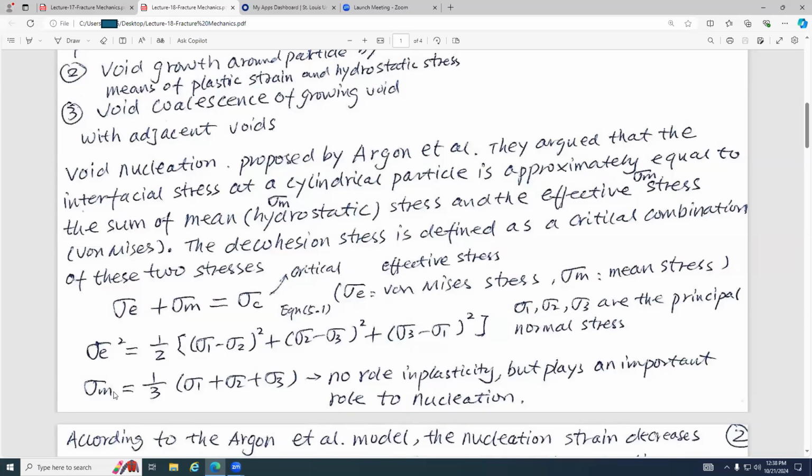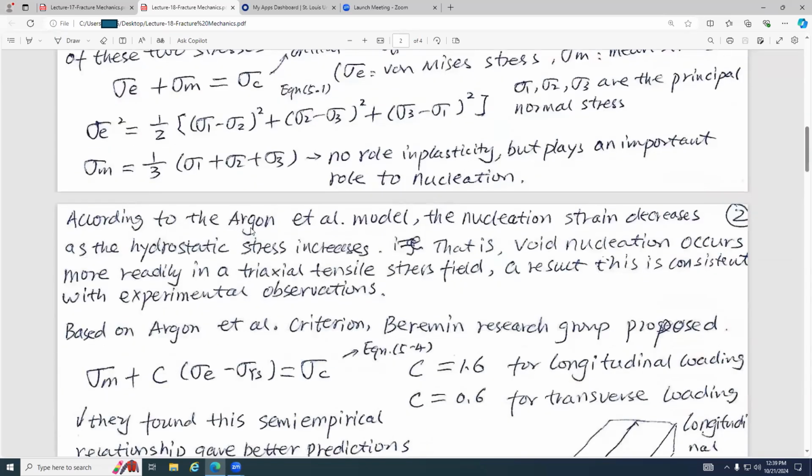So this is sigma M, and sigma M is hydrostatic stress. So it has no role in plasticity, but it plays an important role in nucleation, void nucleation.